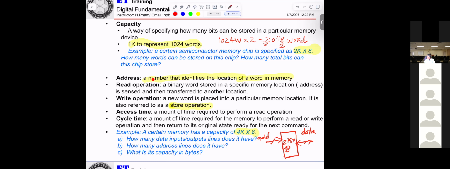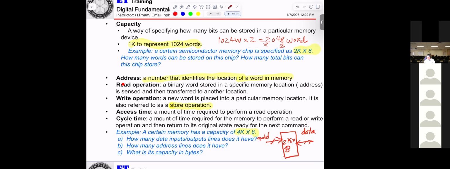Address: a number that identifies the location of a word in memory. Read operation: a binary word stored in a specific memory location, that means an address, is sent and then transferred to another location.